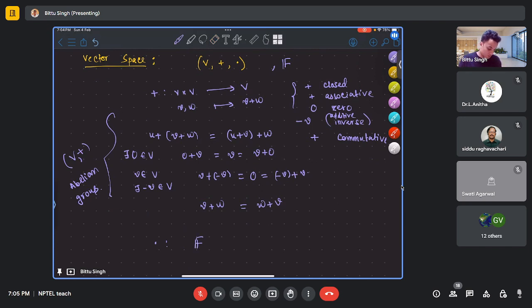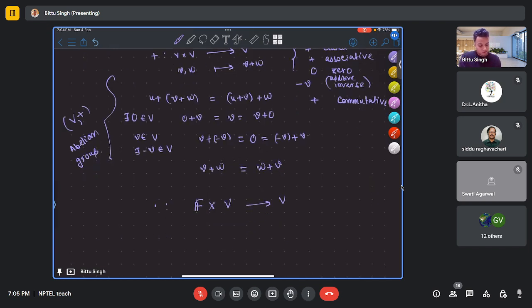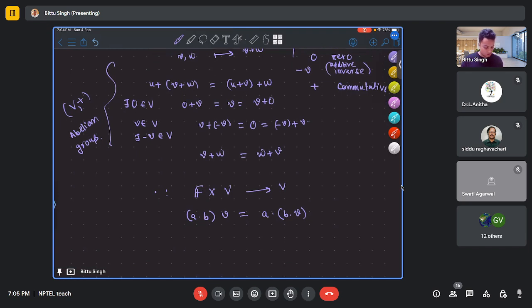That is, we have a multiplication map, field cross V to V, and those maps satisfy some structure. If a and b are two elements from the field, multiplying v with b and then with a is the same as multiplying v with a times b.